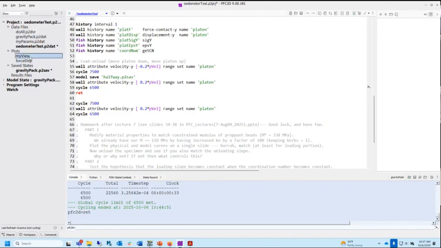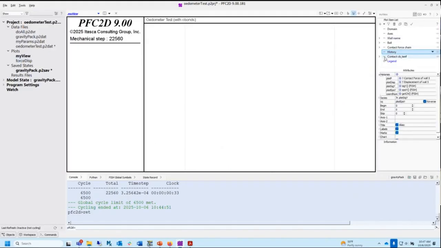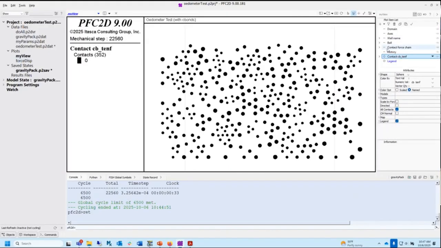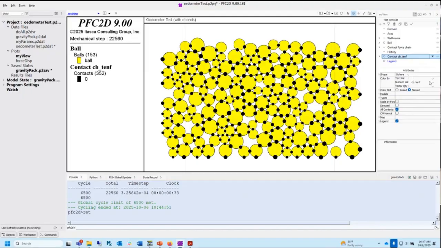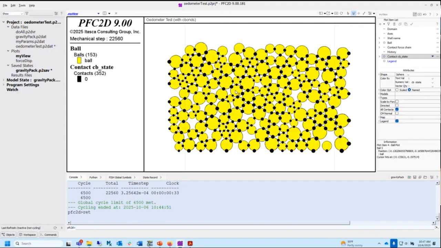Let's just look at the state, and let's make sure that nobody broke. So this is the end of the test. So the state, CB state. CB state is 0. Wait a minute, what's that? That means it's unbonded. Oh, wait, now I'm confused.